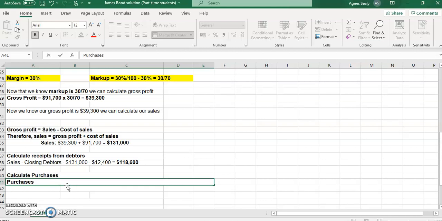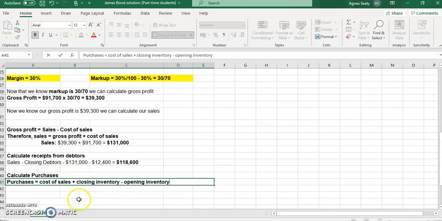From your income statement, your opening inventory plus your purchases minus your closing inventory will give you cost of goods sold. So we're going to flip that equation. If we flip it, we will say that our purchases is equal to our cost of goods sold, or cost of sales, plus our closing inventory minus our opening inventory.